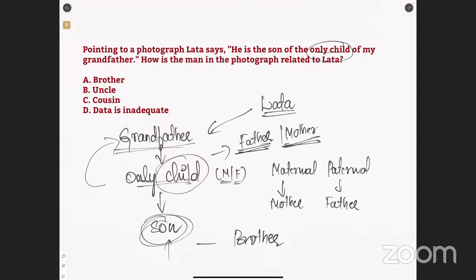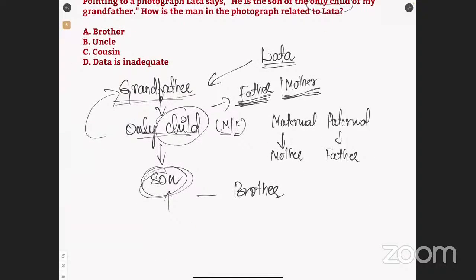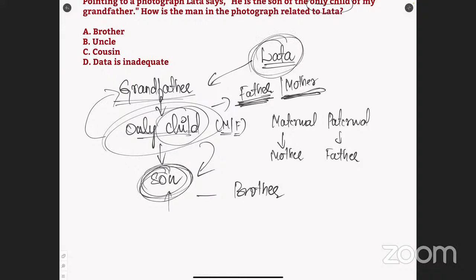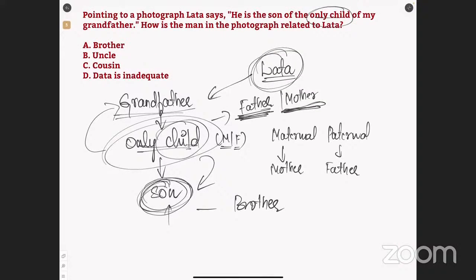So therefore, in this case, even though we do not know the gender of the only child of the grandfather, we can still determine the relationship of this particular person in the photograph with Lata easily, because father or mother doesn't really make any difference to the relationship between this person and Lata. In any case, this person in the photograph will be Lata's brother. So that is the answer in this case. I hope it is clear.